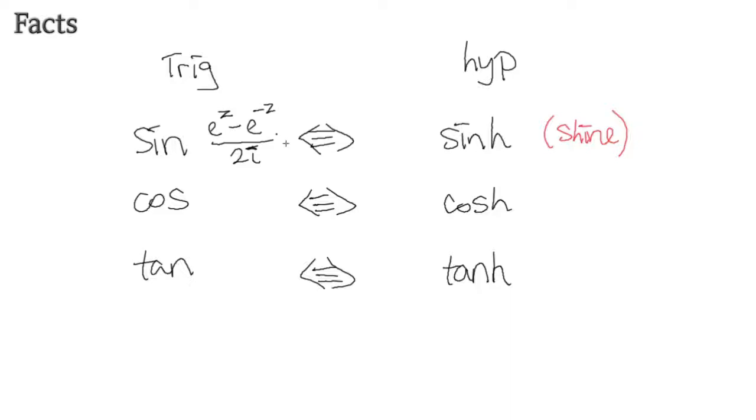You can cancel out everything and you'll get sine. The cosine is e to the iz plus e to the minus iz, all over 2, where z is a complex number, by the way. And finally, we have tangent, which is simply sine divided by cos, e to the iz, take e to the minus iz, all over e to the iz plus e to the minus iz.